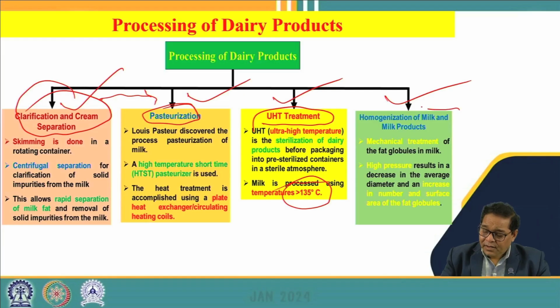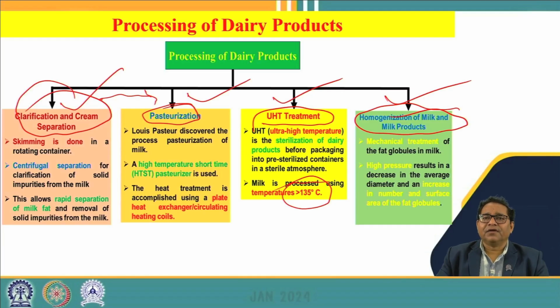And then a process called homogenization of the milk and milk products. That basically means the mechanical treatment of the fat globules of the milk, which are converted into a finer size, and the milk gets homogenized. This is carried out at a high pressure, which results in a decrease in the average diameter and an increase in the number and the surface area of the fat granules.